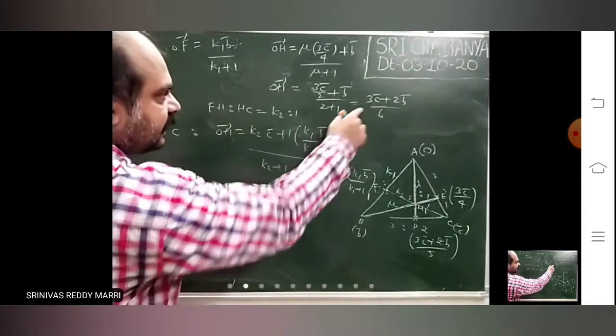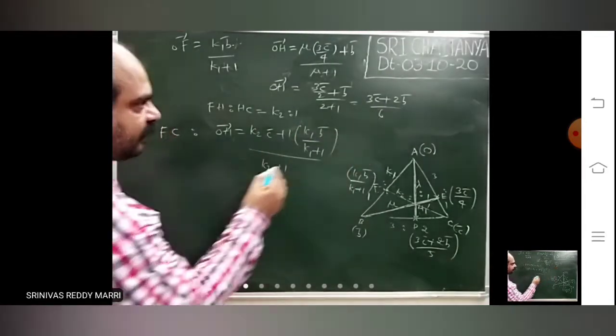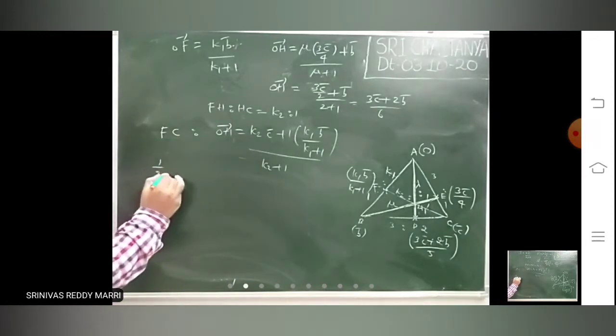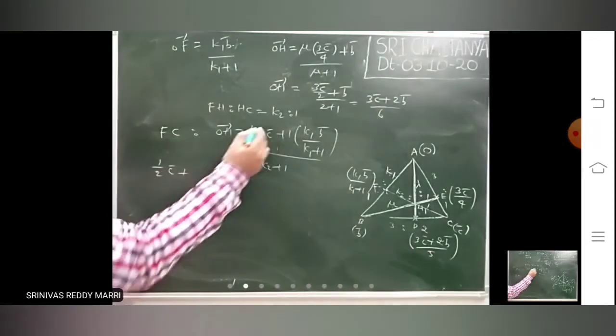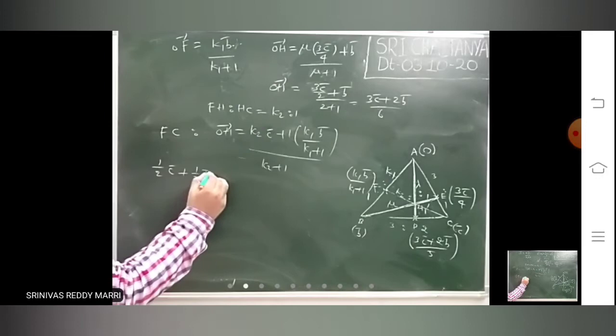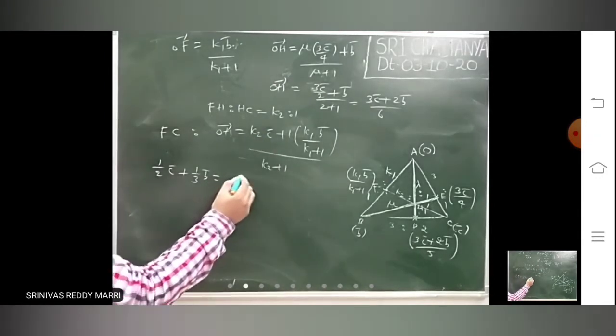Now OH bar is already known. OH bar is what? 1 by 2 C bar plus 1 by 3 B bar equals to, split this.